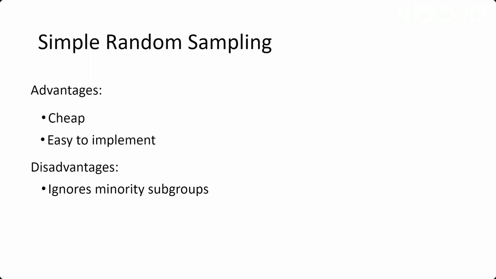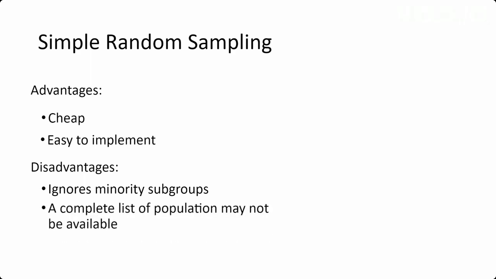Say, for example, in a classroom, you have 80% boys and 20% girls. Once you use random sampling, there's a high chance that you might pick only boys in your sample because of the high population ratio of boys. So that's one of the disadvantages. It may ignore the minority subgroup.